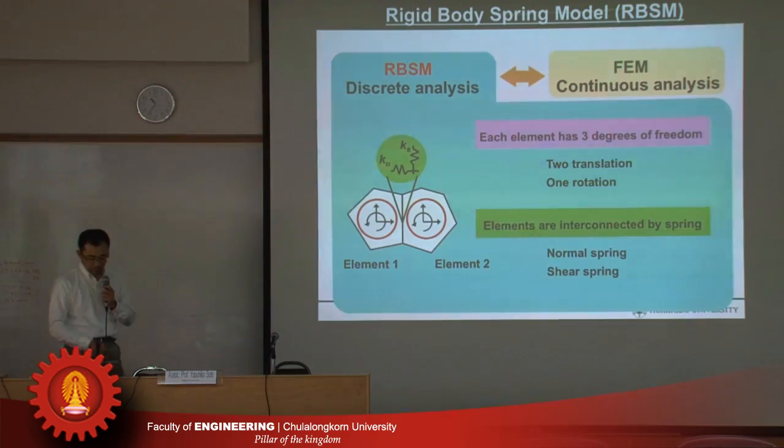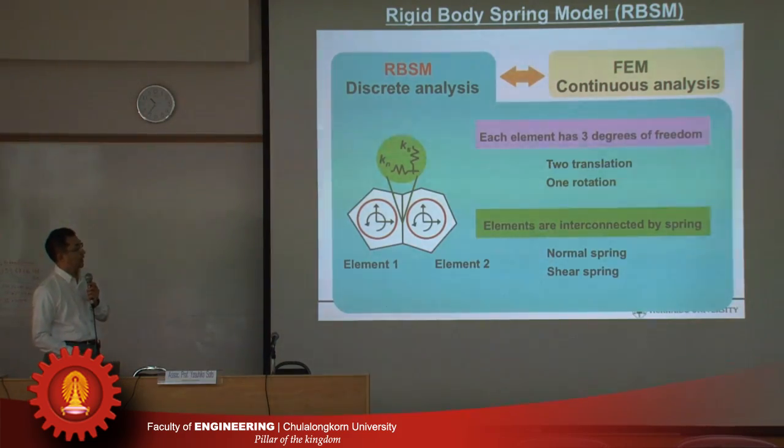RBSM itself is already explained by Professor Nakamura, and I will explain briefly. The elements are linked using two springs. That's why we need two models: this is the normal spring and this is the shear spring.